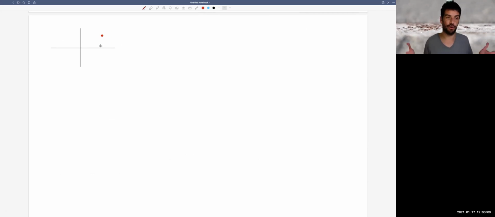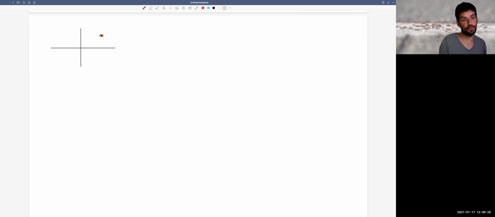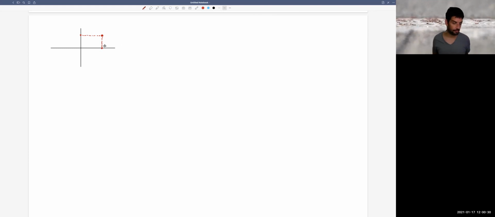We were thinking before of relative to this balance point. We're still going to help ourselves find that balance point. But we're going to talk about moments with respect to the two axes. So in other words, this mass is some distance away from the y-axis and some distance away from the x-axis.